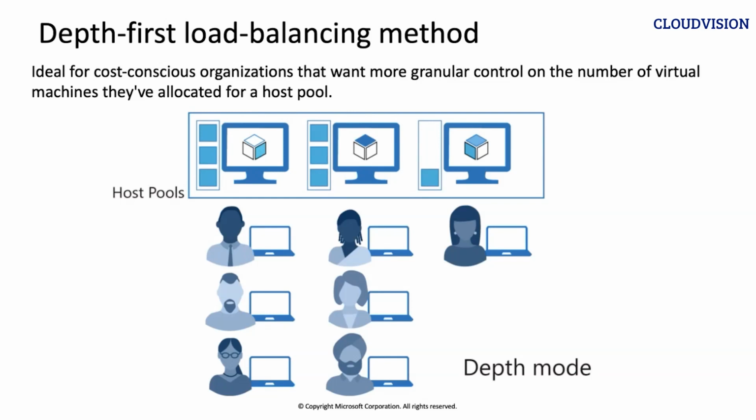But remember one thing, when you're setting up the host pool, for any given host pool, you can only configure one of these load balancing methods. For a given host pool, you can't use both load balancing methods, any one of them, which is being decided while you're setting up and configuring the host pools.